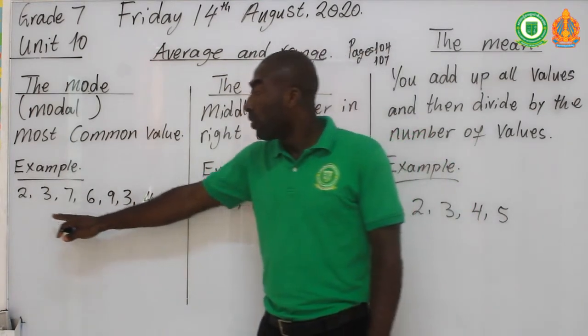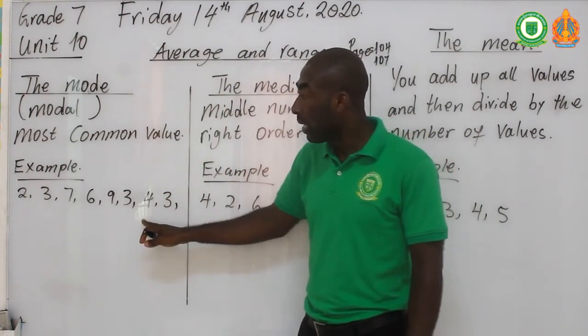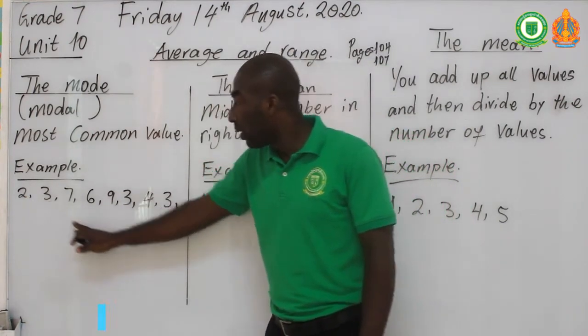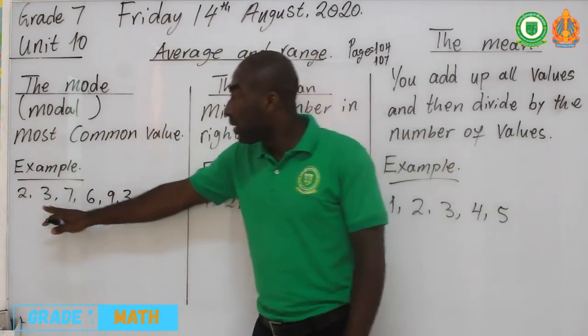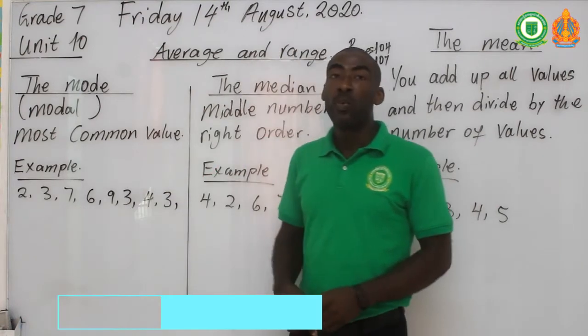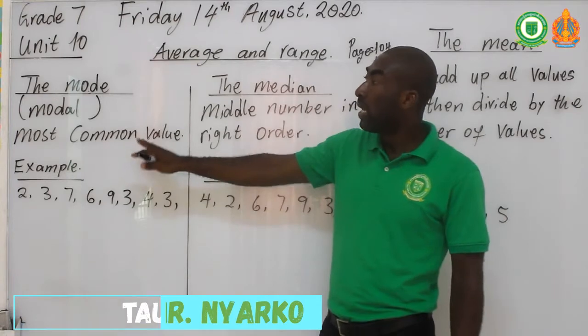You see that this is 2 and you can't find 2 in any other portion, but there's 3 here, there's 3 here, and then there's 3 here. So in this example, we can confirm that 3 is the modal average.